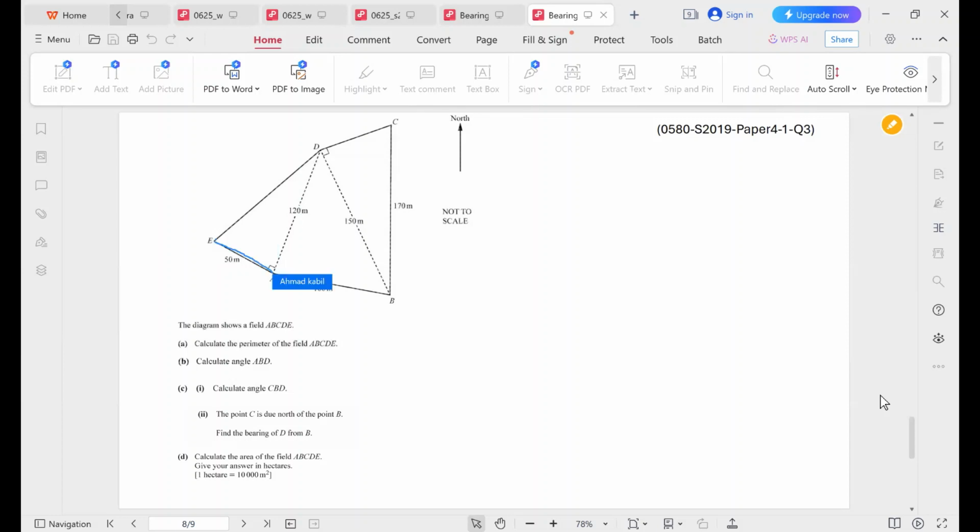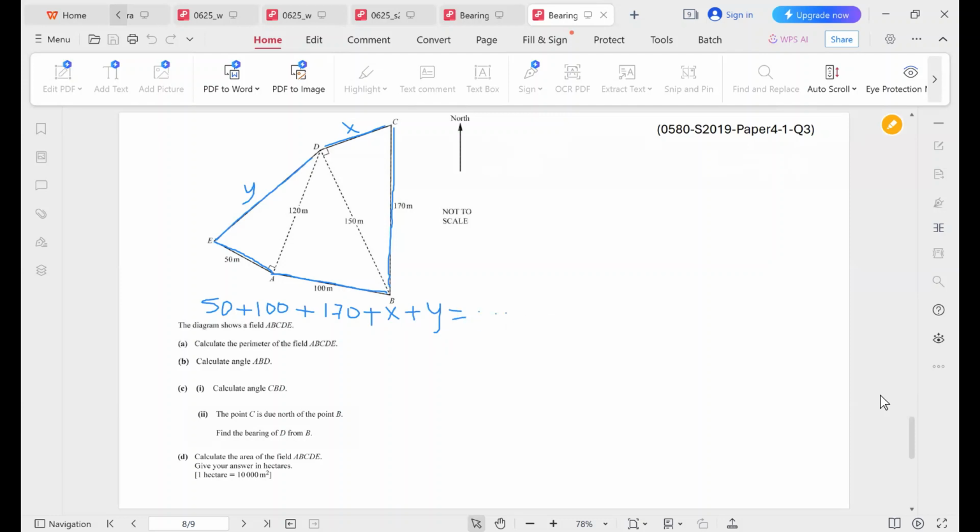So we have 50 plus 100 plus 170, but we still have unknown sides, which are x and y. So we need to figure out x and y in order to find the perimeter.